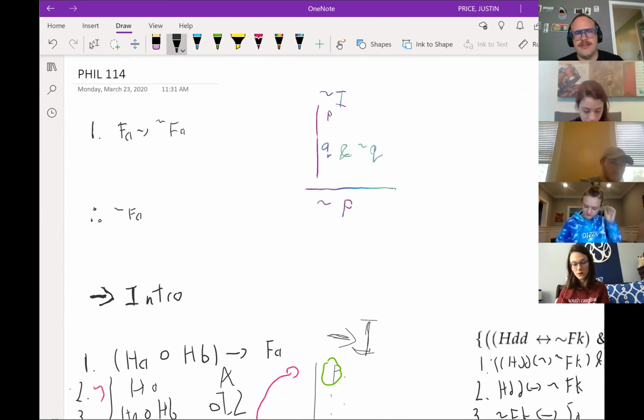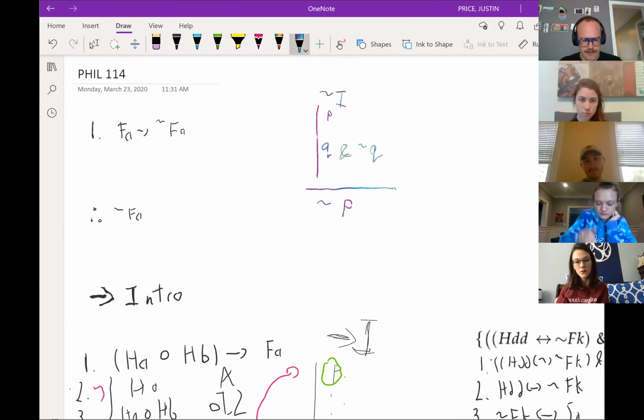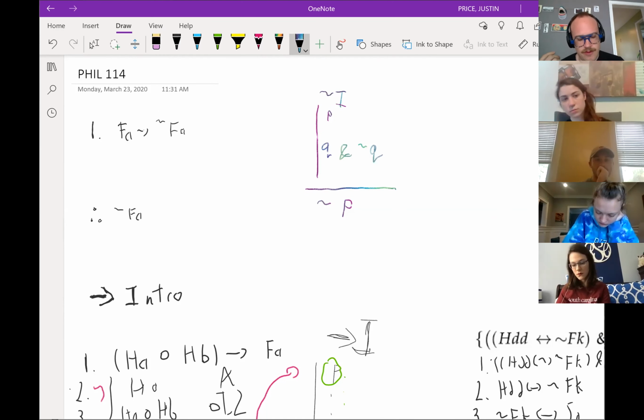And it's one that's used very commonly in arguments. So negation introduction is the second and last assumption rule we'll be covering. And once we have this rule, we have all the rules of inference at our fingertips.